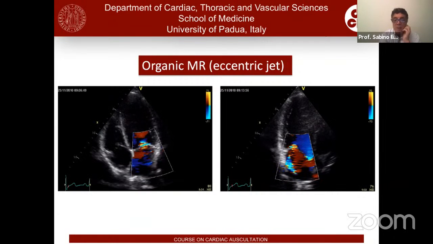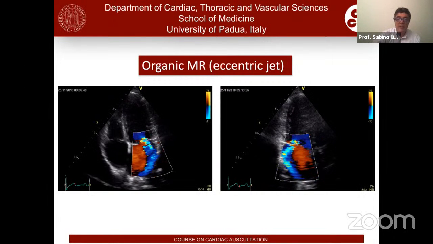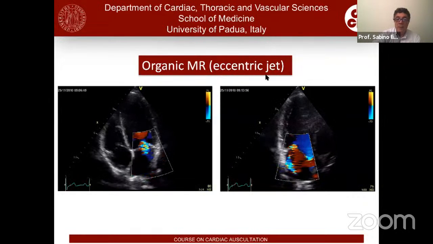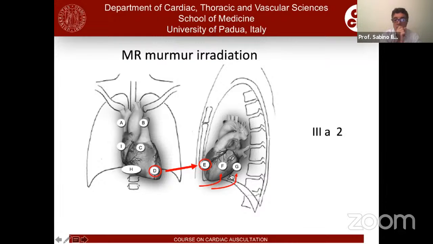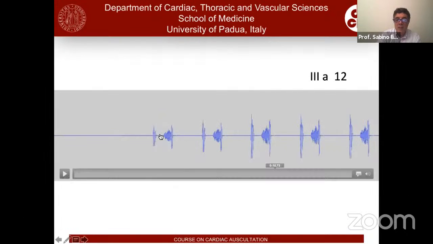And we have an eccentric jet. This eccentric jet is well irradiated, but is different from other mitral regurgitation for something that you will see in a moment. The murmur does not cover systole, it is concentrated in systole.